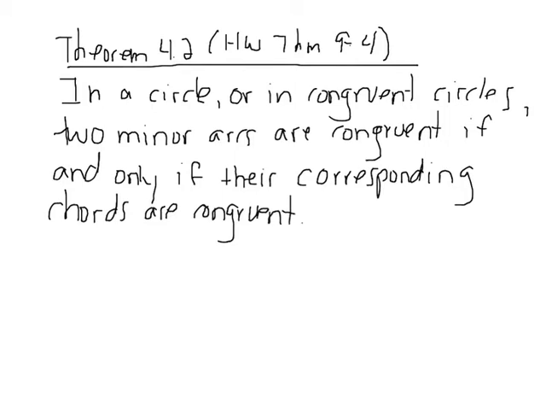In a circle or in congruent circles, two minor arcs are congruent if and only if their corresponding chords are congruent.